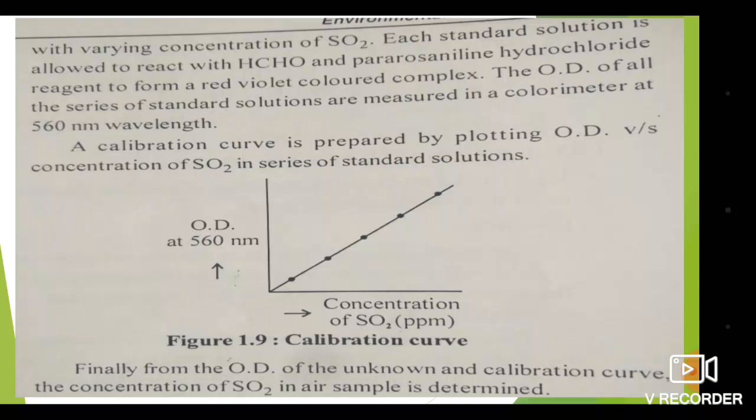Then the optical density of all the series of standard solutions is measured in the colorimeter at 560 nanometer wavelength.